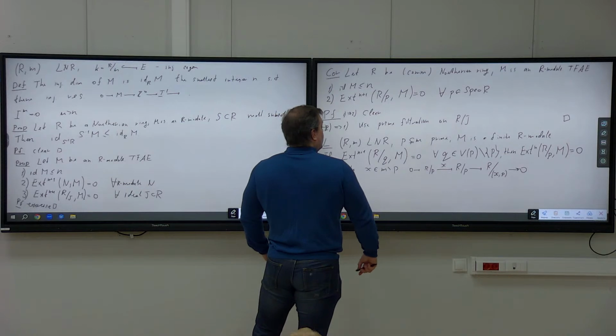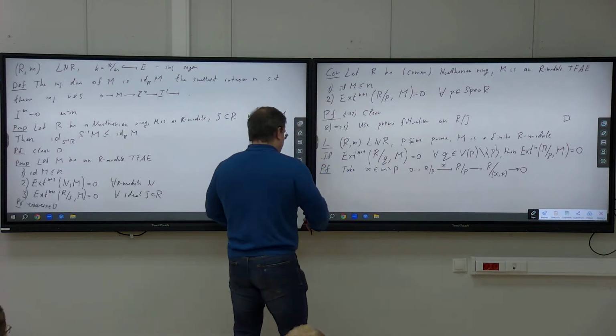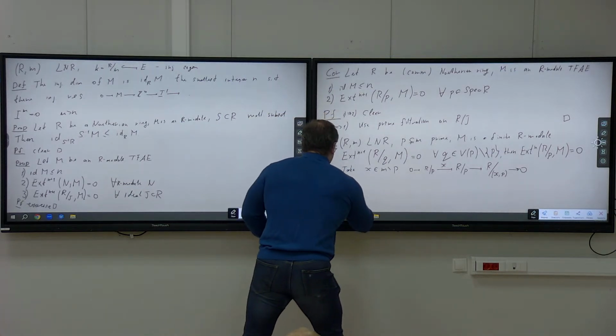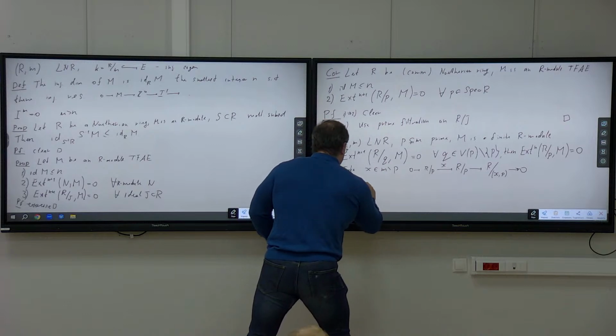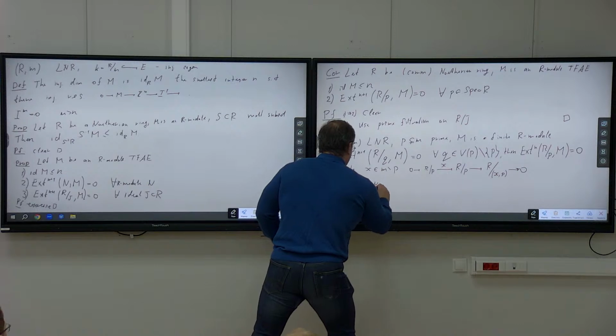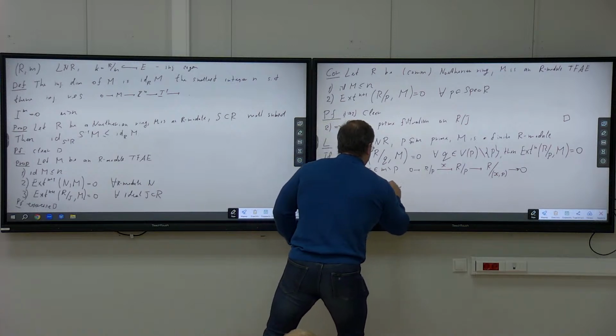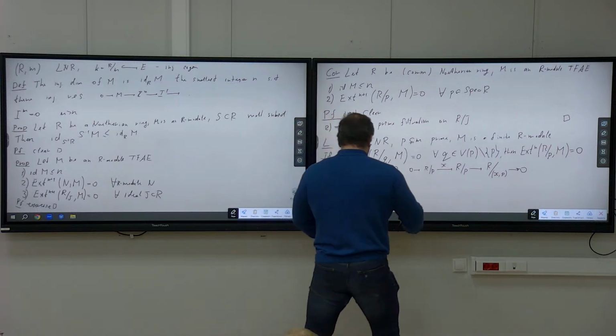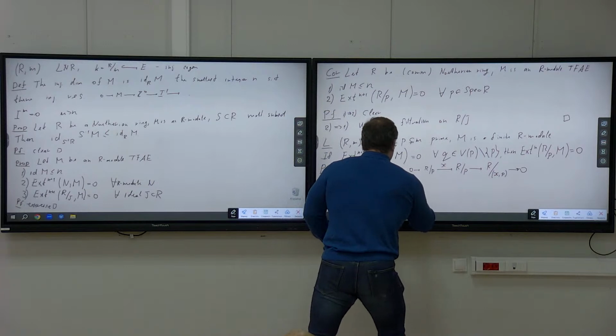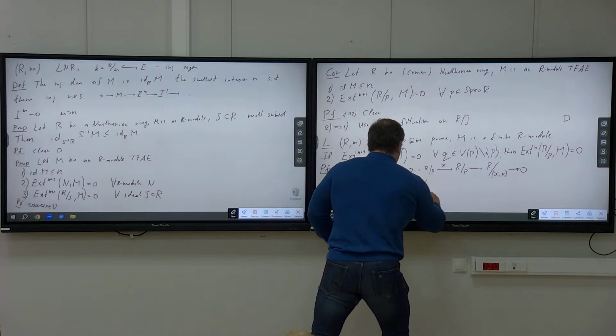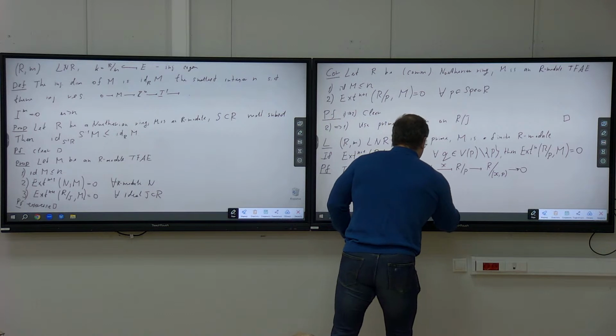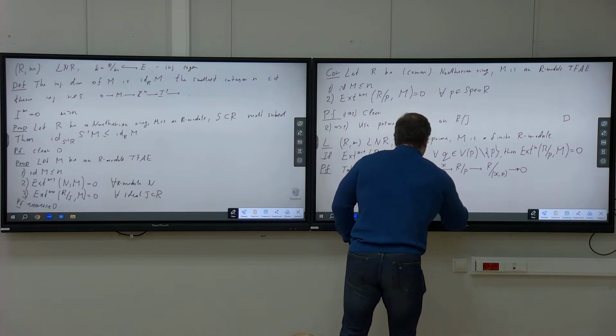Okay, now we can look at the long exact sequence of Ext for this thing, and then we will get Ext^n(R/𝔭, M). Then there will be a map induced by the multiplication by x to Ext^n(R/𝔭, M).